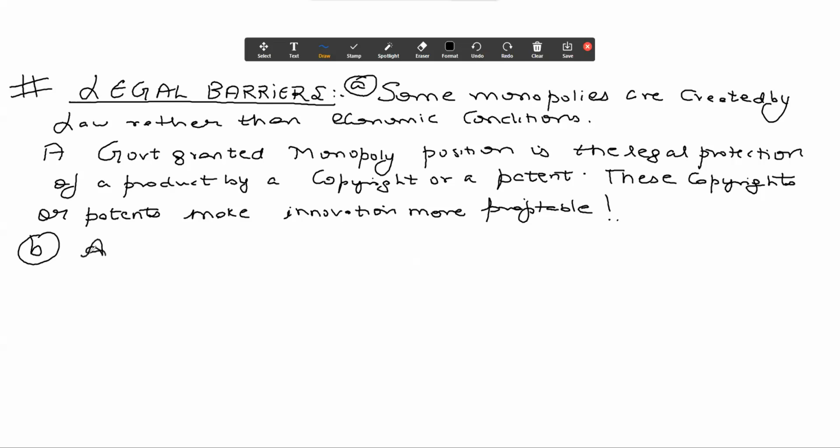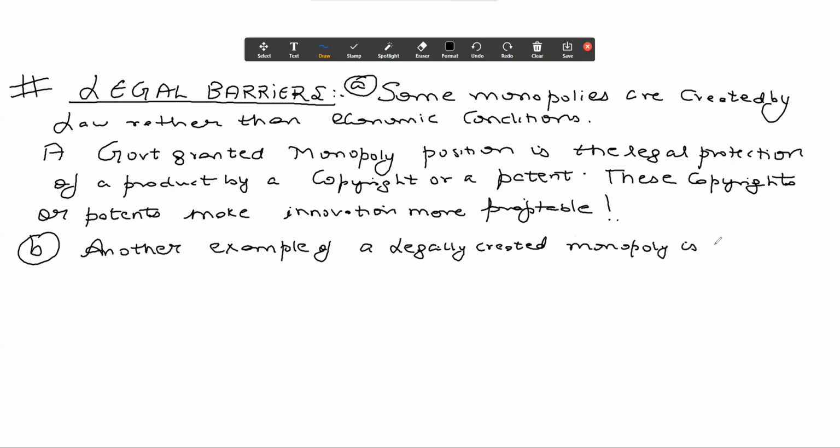So another example of a legally created monopoly is the awarding of an exclusive franchise to serve the market.